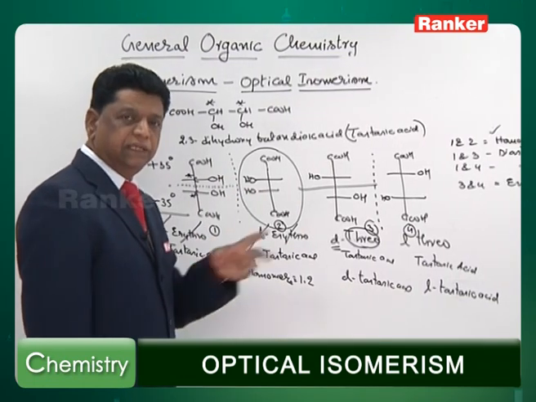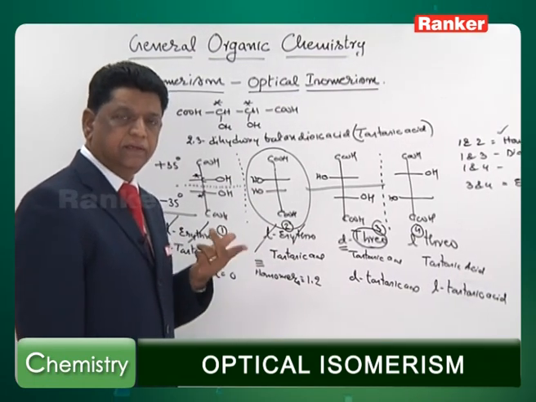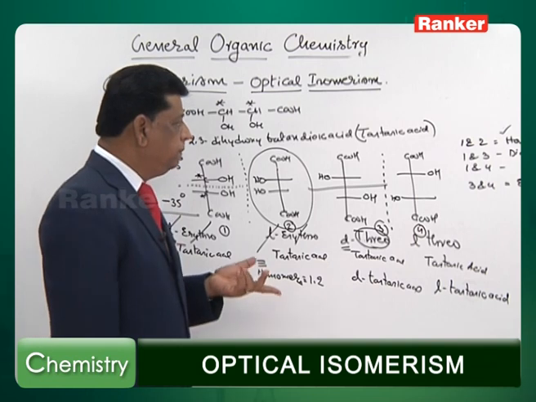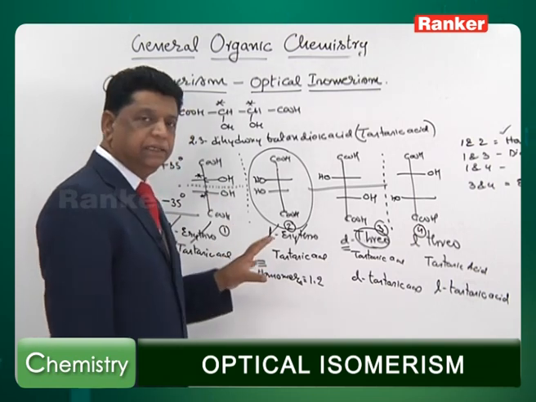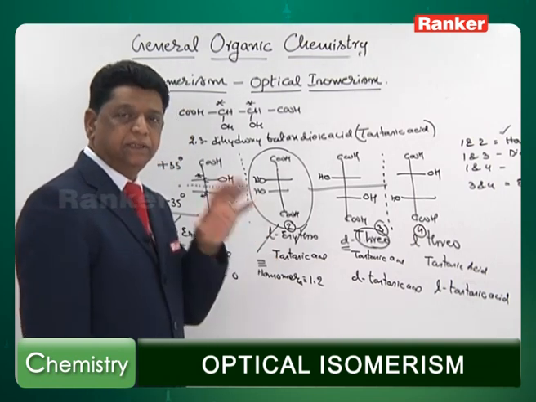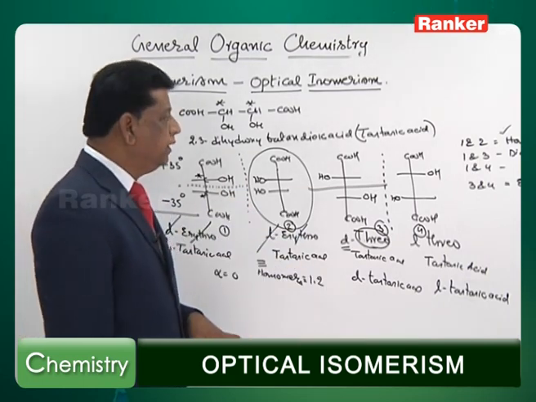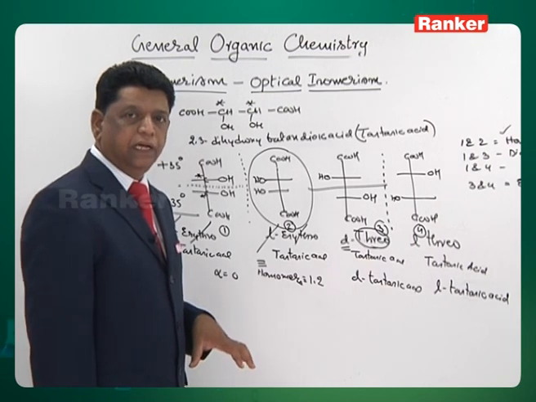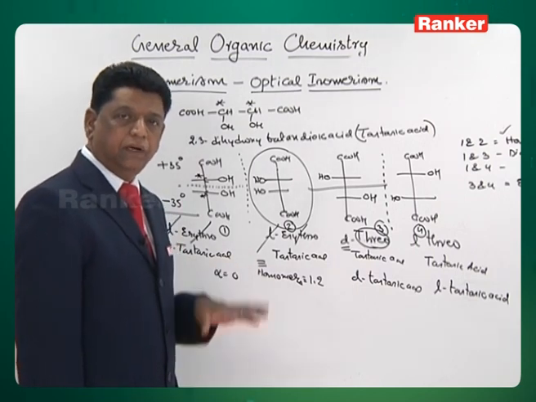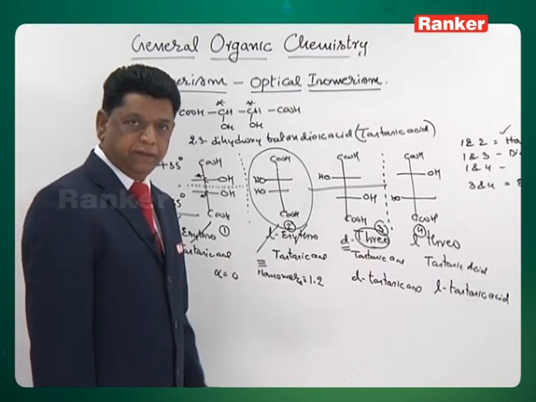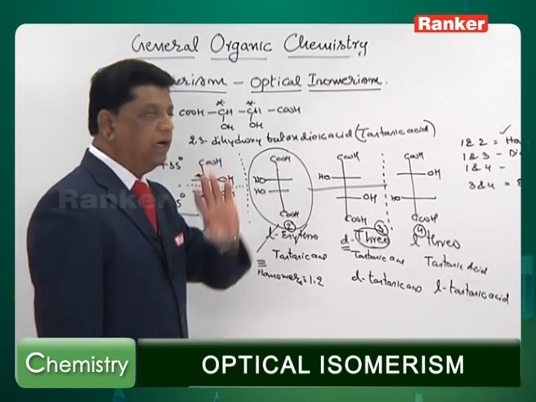If asked whether two compounds are the same or different, then you have to prepare its three-dimensional structure, visualize it, and then see whether it is superimposable or not. Any two compounds which are exactly superimposable are said to be identical in all respects. Such two compounds are called homomers.